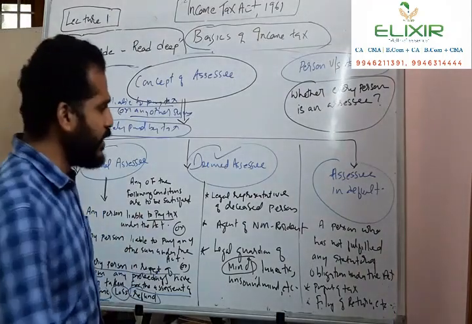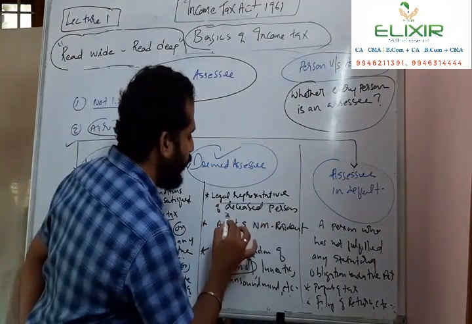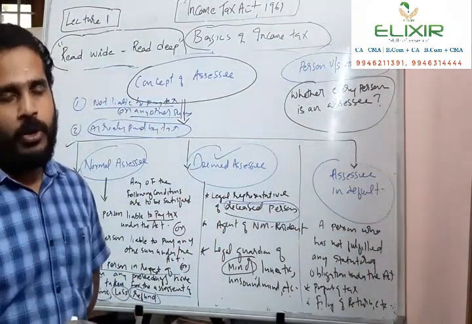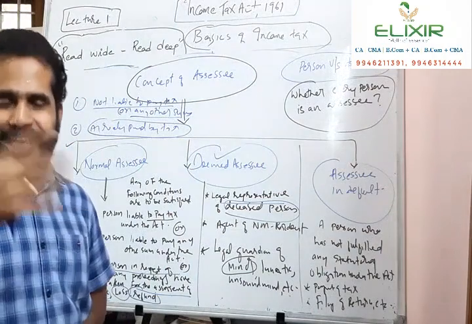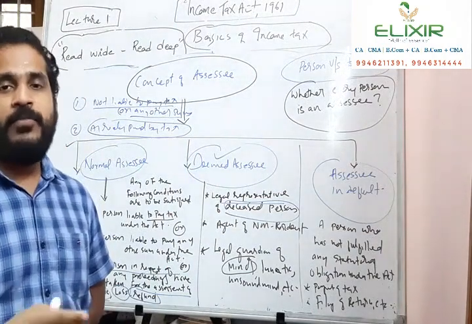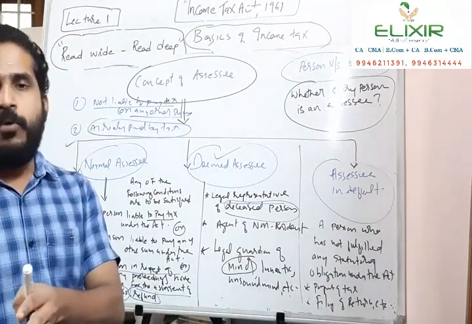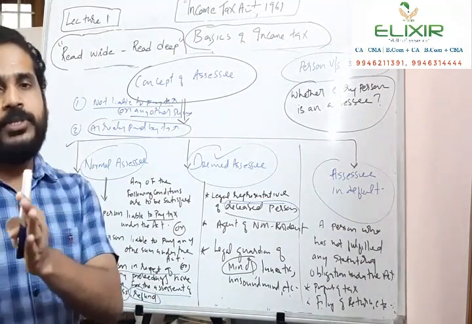The first example is legal representative of a deceased person. If for example Mr. A, who earned income of, for example, 10 lakhs during the year, died before the filing of returns, even though he is no more, the income of that person is to be assessed.